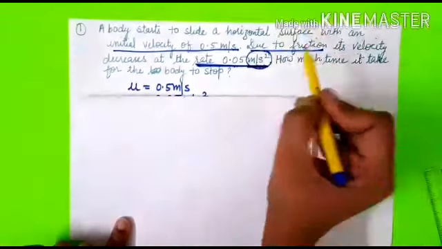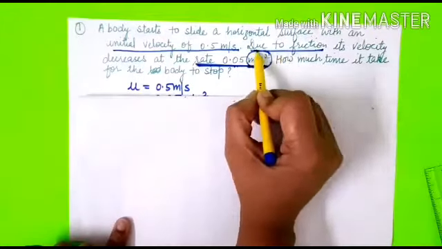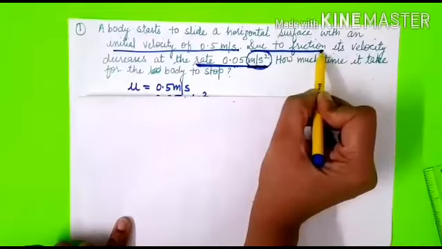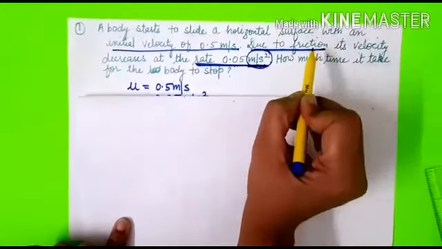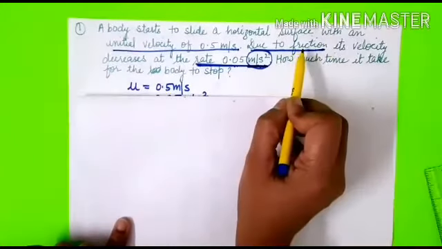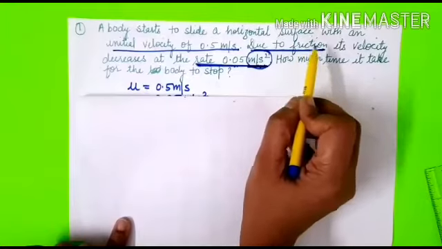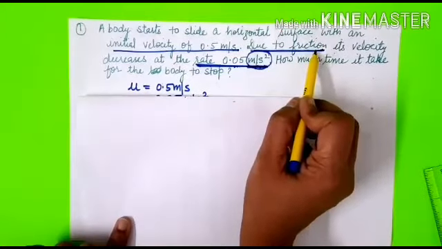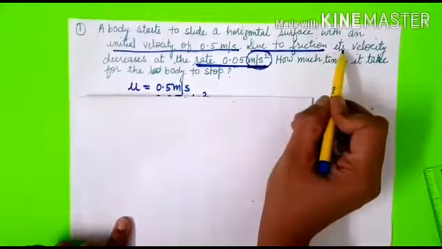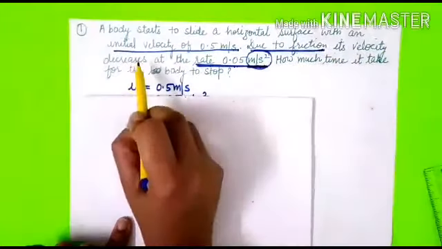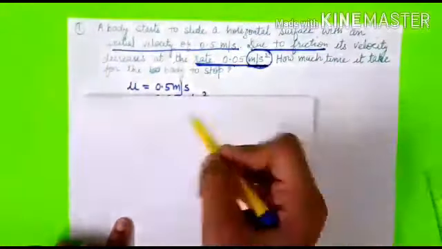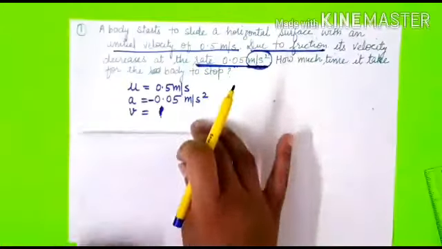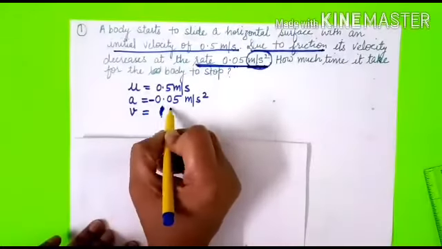But remember this: in this question, due to friction, and the friction direction is always opposite to the direction of motion. So due to friction, it's mentioned velocity decreases, means after some time the velocity would be 0. So we can consider the final velocity 0.